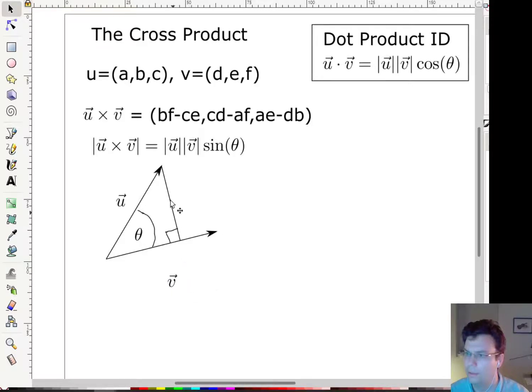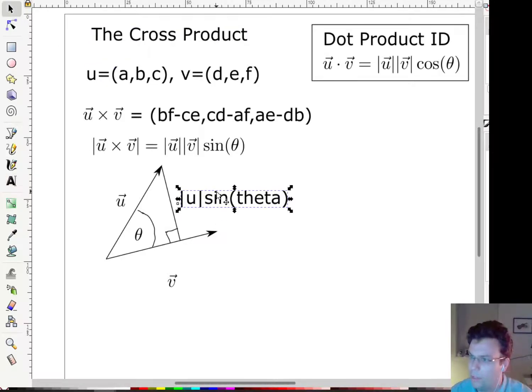The magnitude of u times the sine of the angle is the magnitude of the perpendicular projection. So this is the magnitude of u times sine of theta, which is just the definition of the sine.